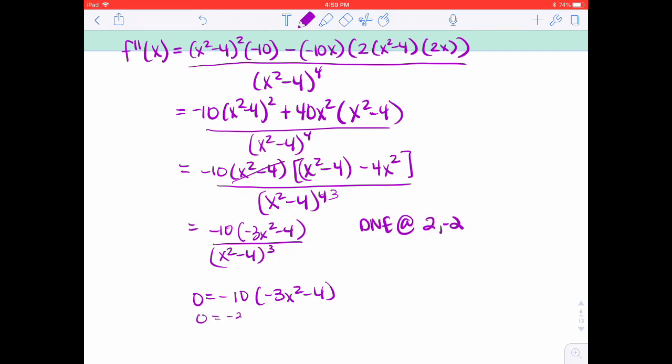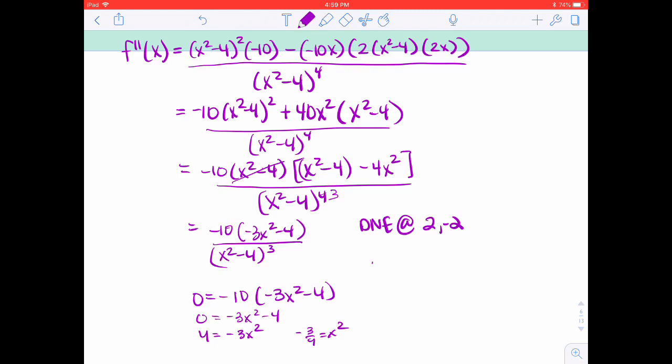So 0 equals negative 3x squared minus 4. 4 equals negative 3x squared. Negative 4/3 equals x squared. Can't take a square root of a negative number. So there's no value that'll make that 0.